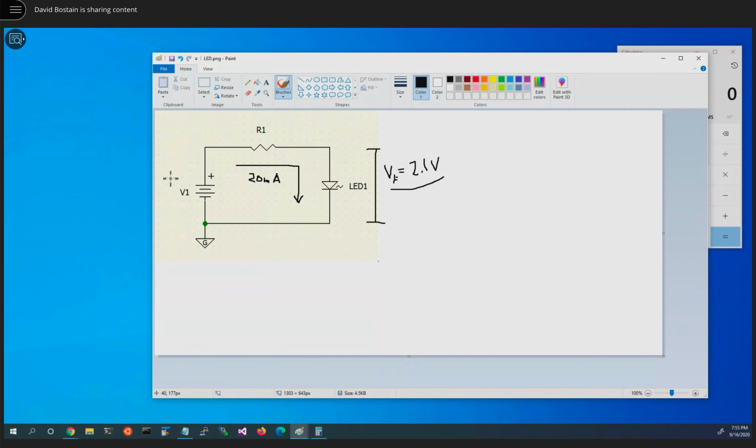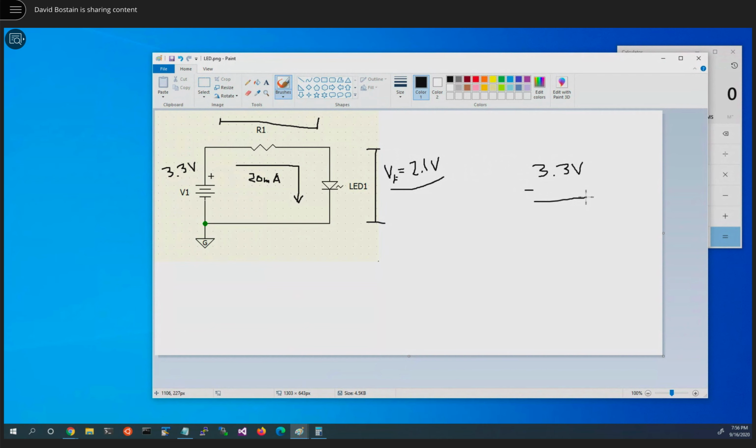So let's say in this case, we're working with a 3.3 volt battery. How much is going to drop across R1? Well, R1's voltage drop is going to be 3.3 volts minus something.